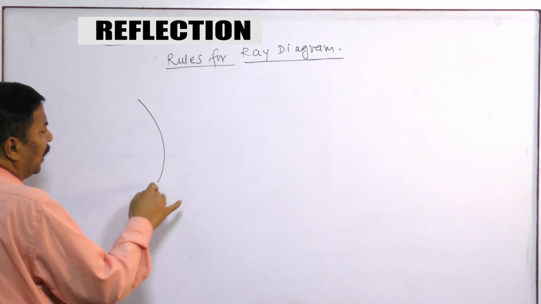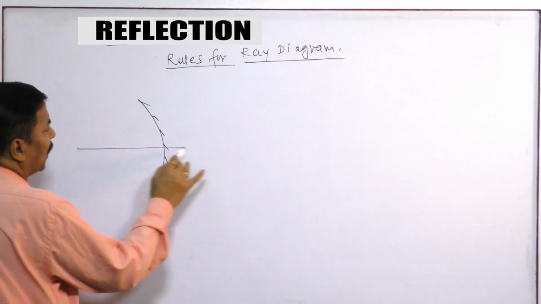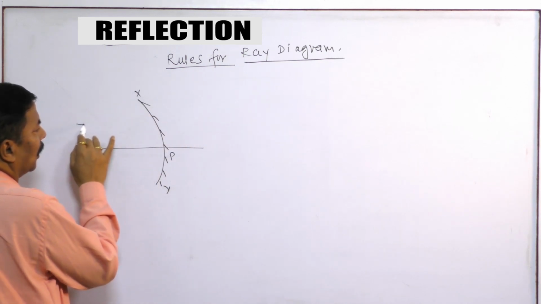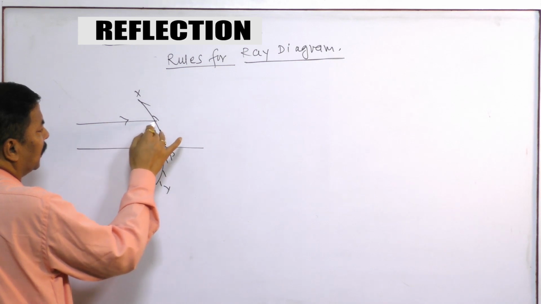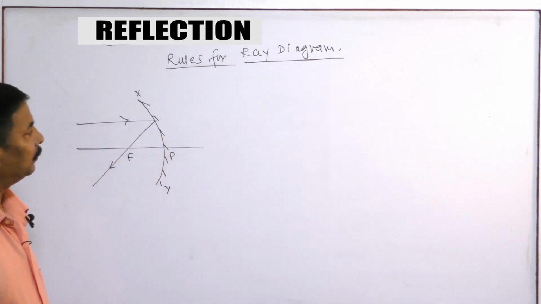The first ray we will consider: if a ray is parallel to the principal axis, after reflection it will pass through the focus. This is the first rule.